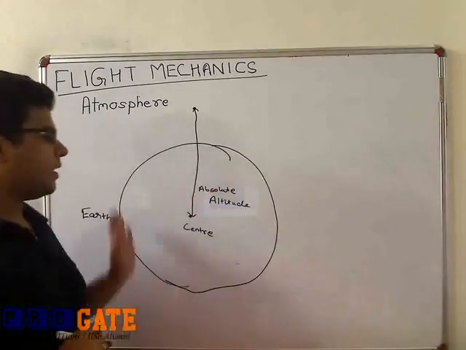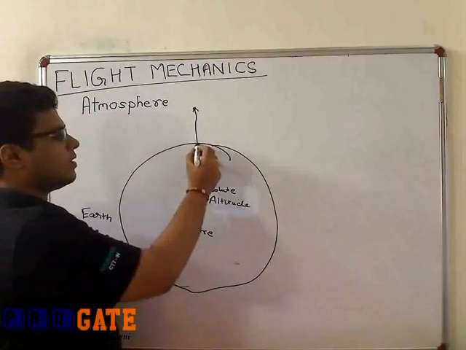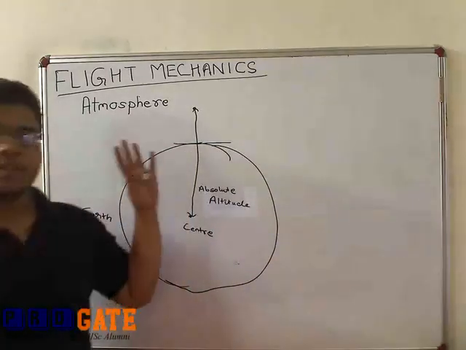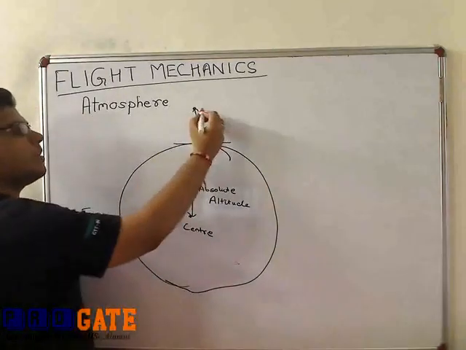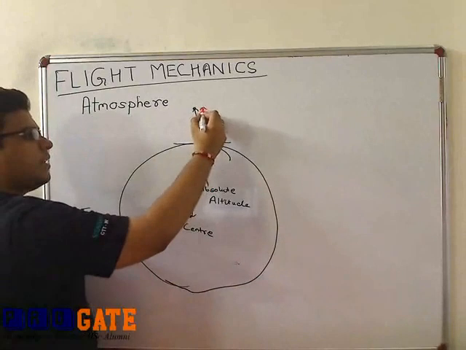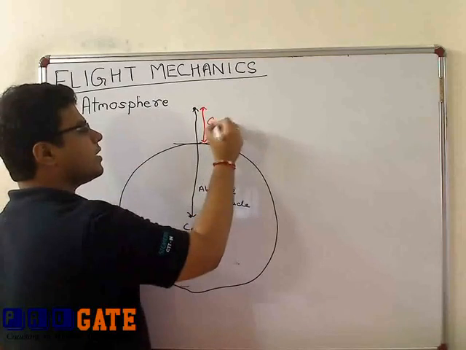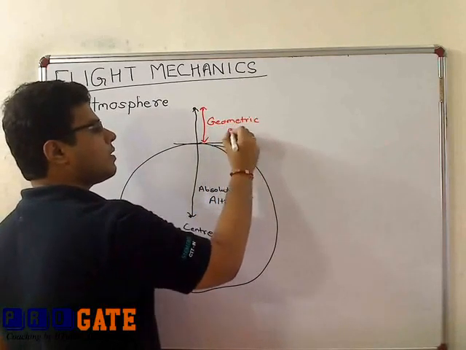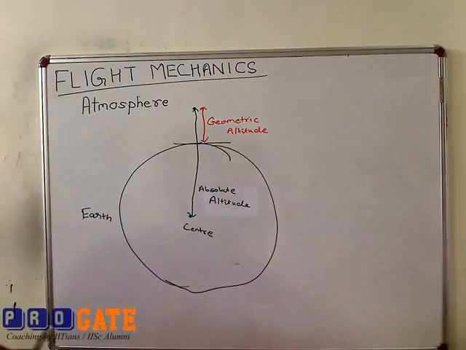This circle roughly represents the sea level of the earth. The other definition is analogous to that. The distance of any point from the sea level at that location, the latitude and longitude, is called the geometric altitude of that point.